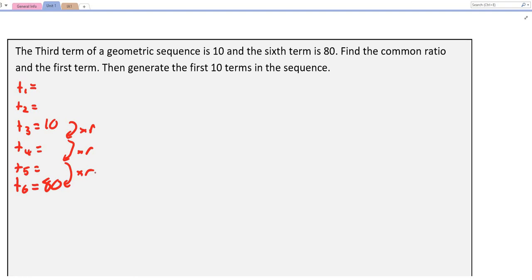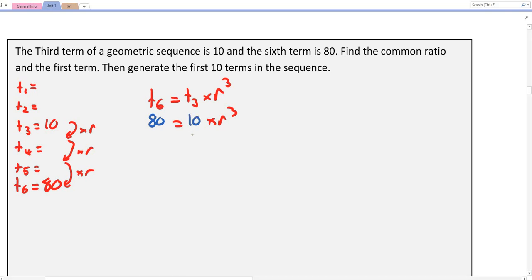Okay, guys, let's go through this one. I know that to get to T6, I can start at T3 and multiply by R 3 times. T6 is 80 and T3 is 10.